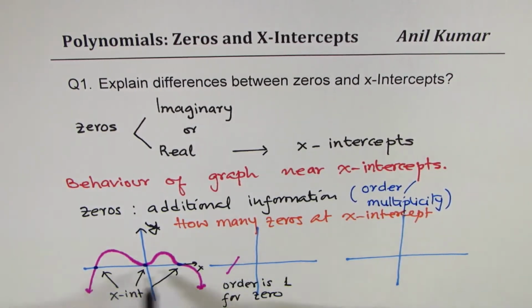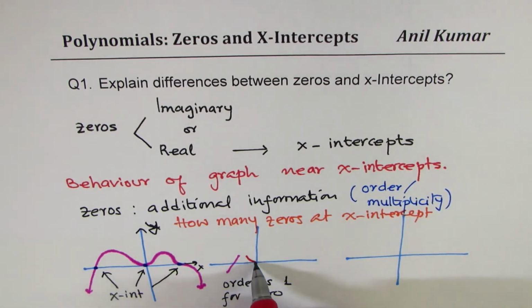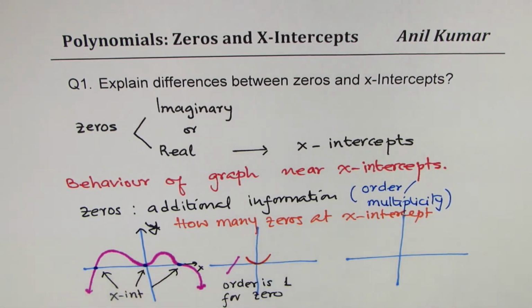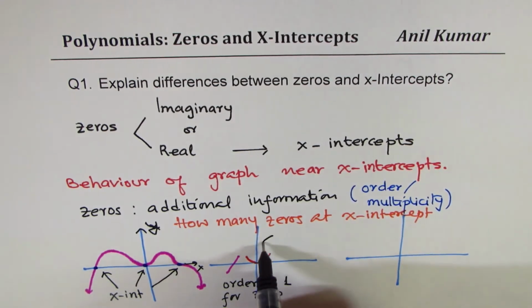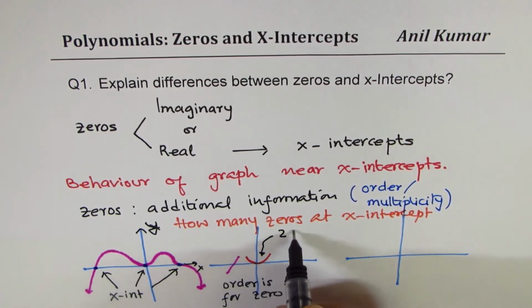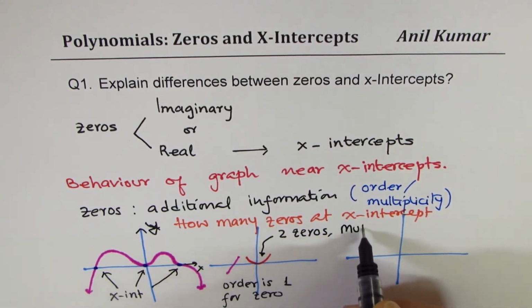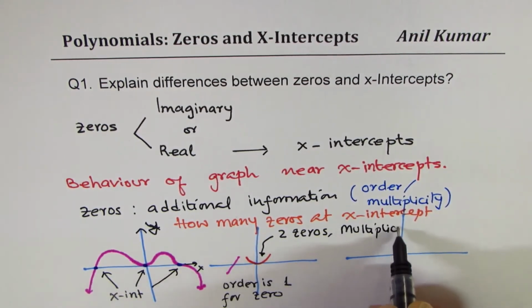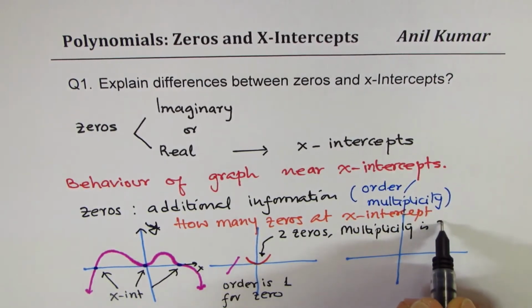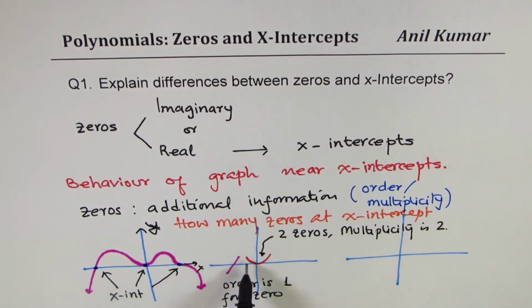It goes like a straight line, so it's like a linear curve. Now if I have something like this, it bounces back. Do you see that? So here we have two zeros. We say multiplicity is 2. Now it behaves like a quadratic function.